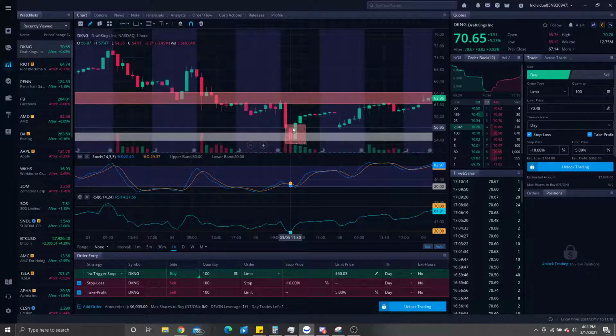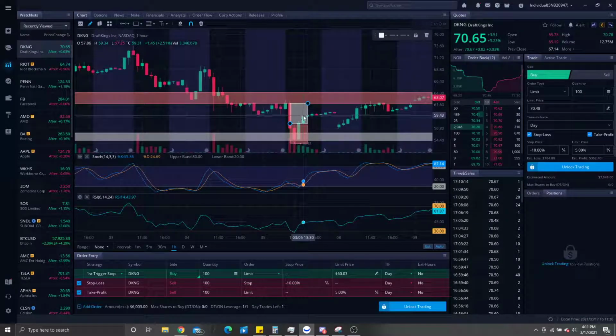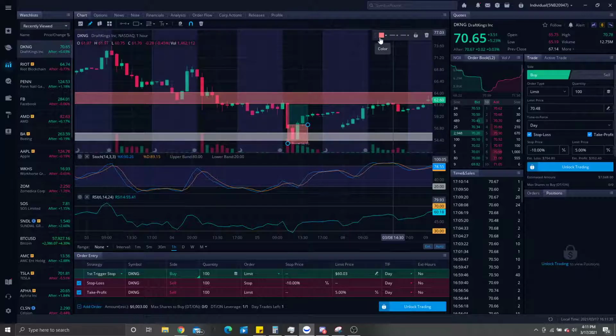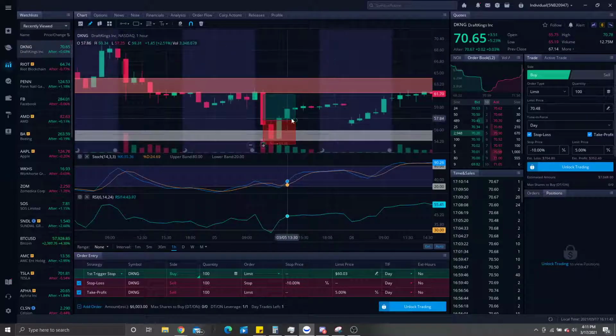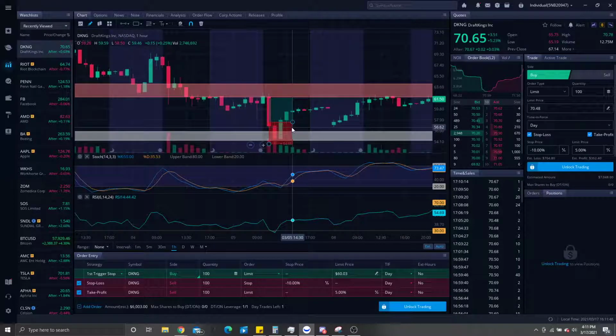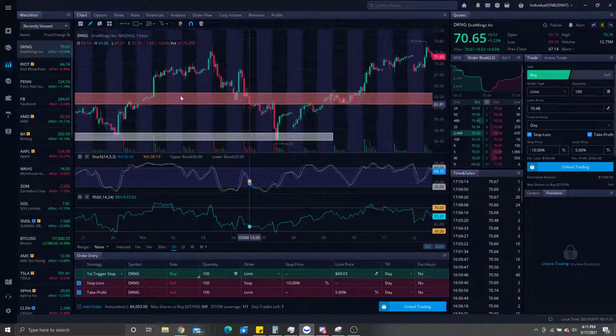Your reward is probably about 1-1, and that's if you target all the way to the top, which I don't like to do. Still probably about 1-1. You would have won, but that's a 1-1 risk to reward ratio. We don't like 1-1 risk to reward ratios. We like 2-1, 3-1, 4-1, 5-1, 10-1. So I wouldn't have taken any of these trades down here.